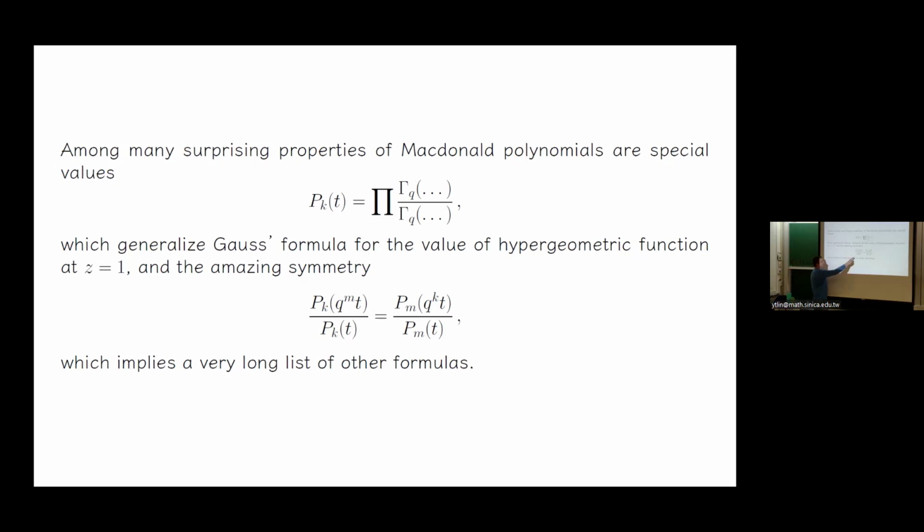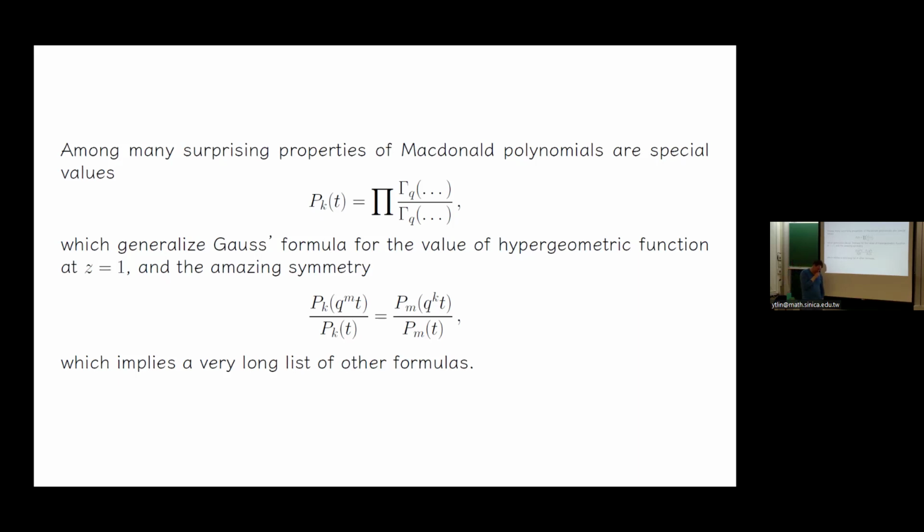If you normalize them correctly, and this normalization involves some q-gamma functions, for which there's also some explanation, namely by their value at t, but this normalization is something explicit, which also has a geometric meaning, and would specialize to Gauss's formula, then with such normalization this thing is symmetric in the label and the argument. In fact, the label and the argument play exactly symmetric roles.